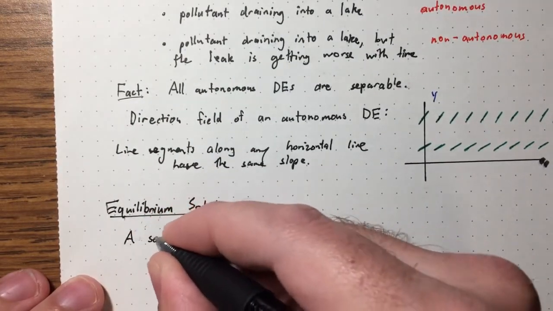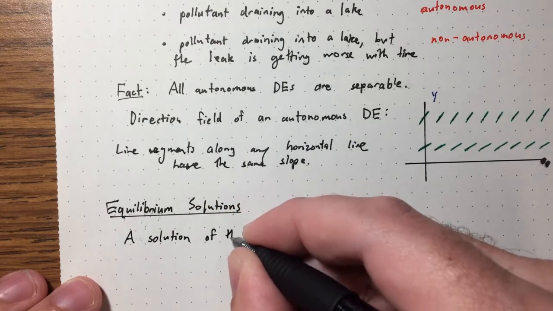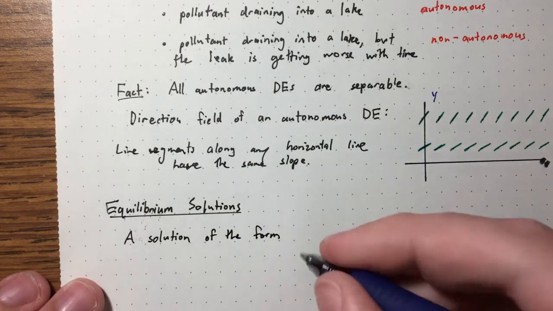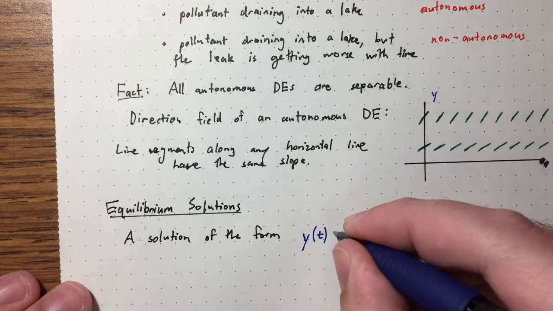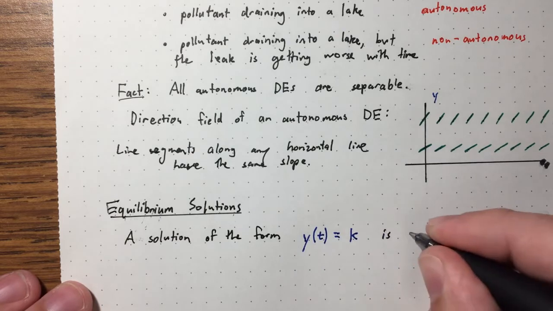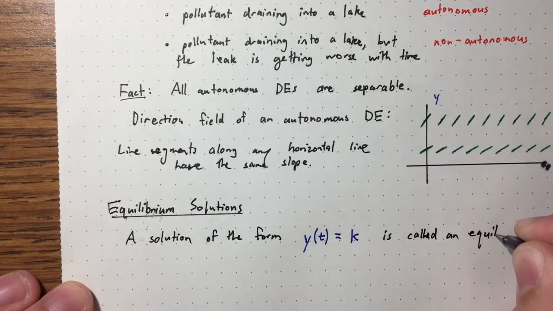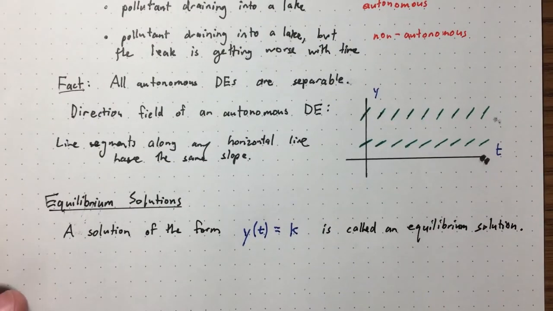A solution of the form, and we use the same dependent and independent variable, y of t equals a constant is called an equilibrium solution. Simple concept, but it turns out to be very, very powerful.